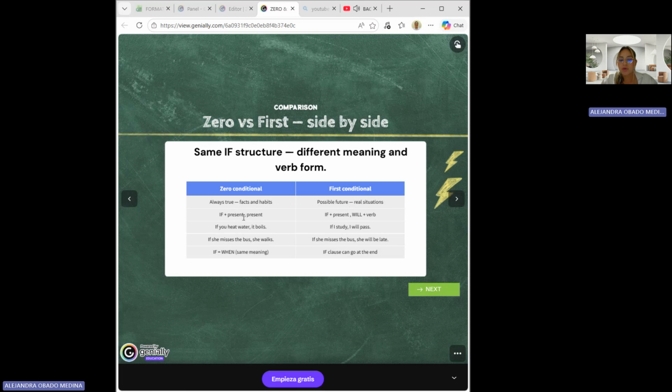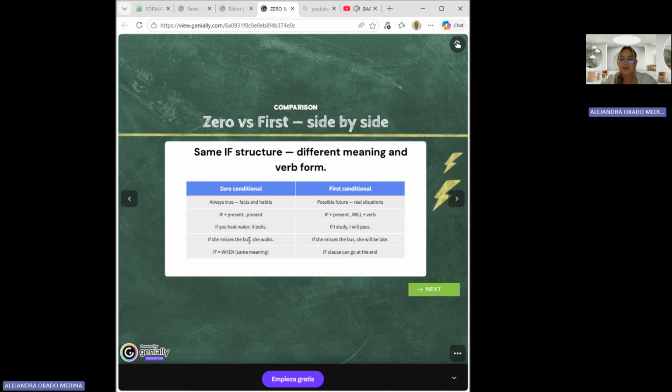The form: zero conditional, if plus present, present; first conditional, if plus present, will plus verb. Listen to this part. Same topic, different meaning.